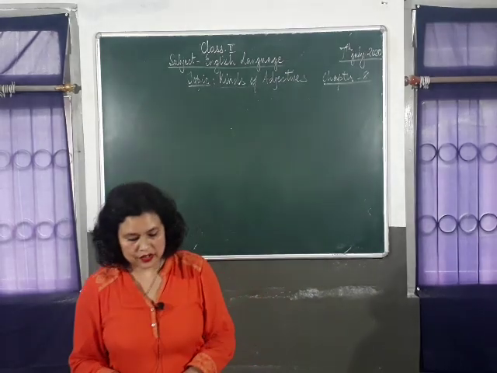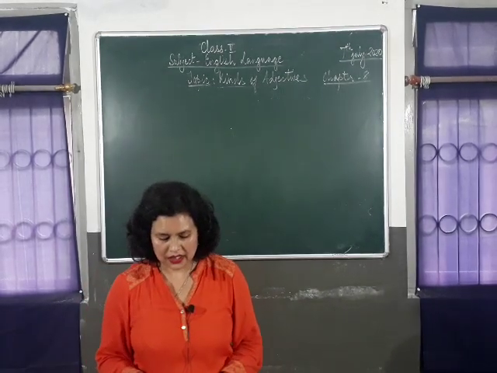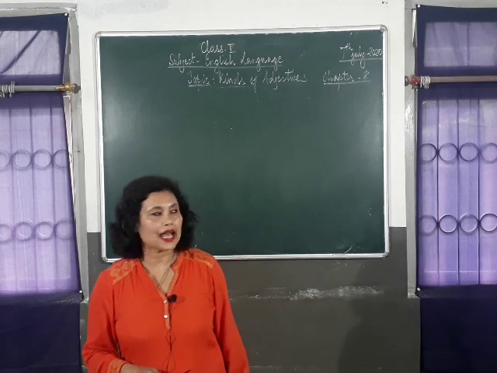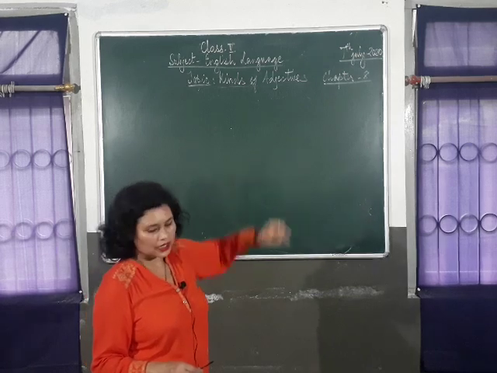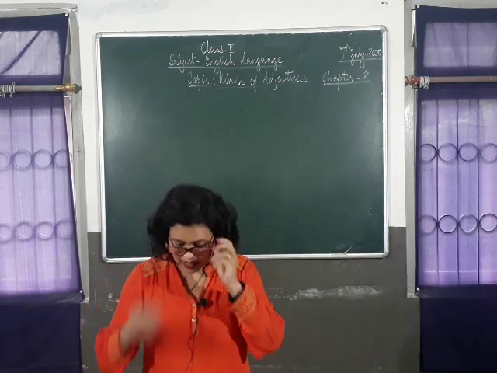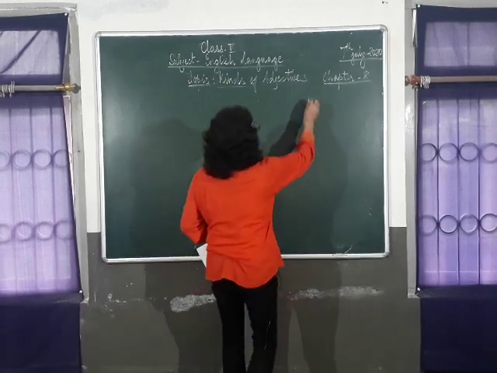Good afternoon, children. Today's lesson we are going to learn a new chapter, kinds of adjective, chapter 8. I have some keywords for you here. I'm going to write them here.